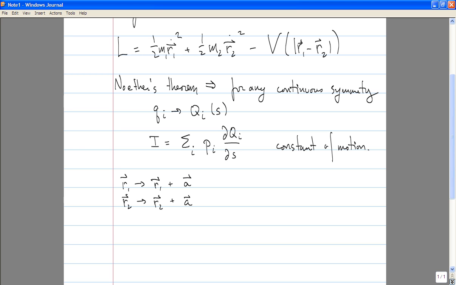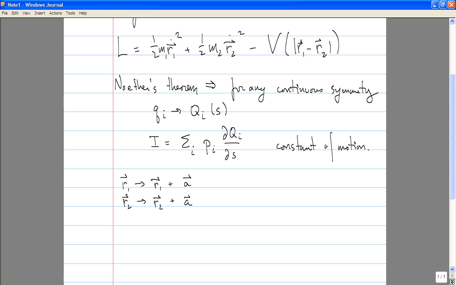So, for example, if I compute the conserved quantity associated to a1, the first component of a, then that is the total momentum pointing in the x direction. Likewise, the conserved quantity associated with the second and third components of a are the total linear momentum in the y and z directions.